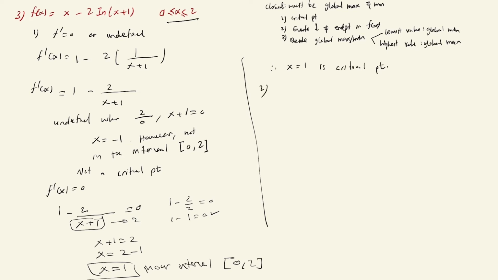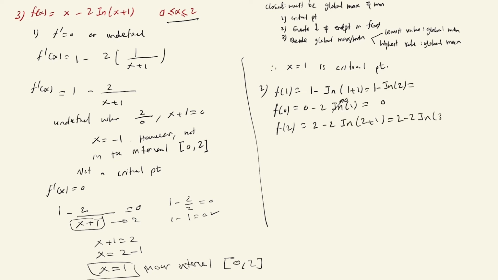Now for step number 2, we're going to evaluate our critical point, which is 1, and our endpoints 0 and 2 in the function f of x. The highest value is going to be a global maximum, the lowest value is going to be a global minimum. Here are the resulting numbers.